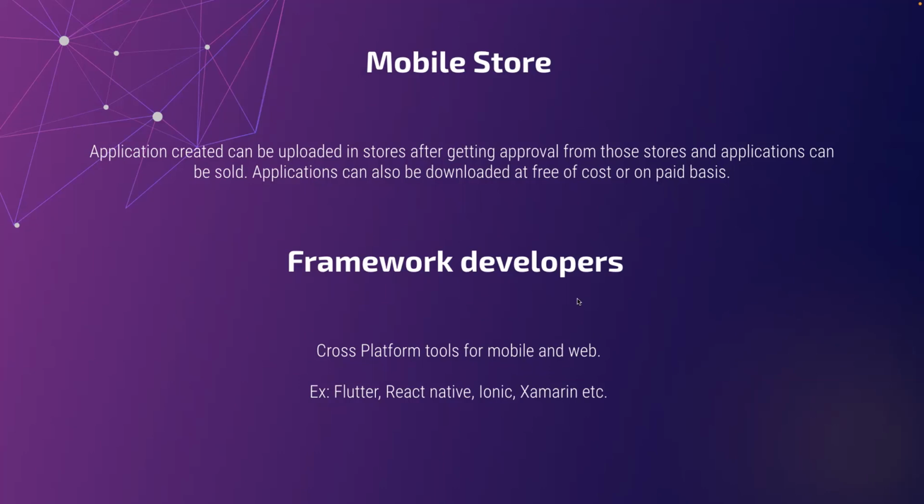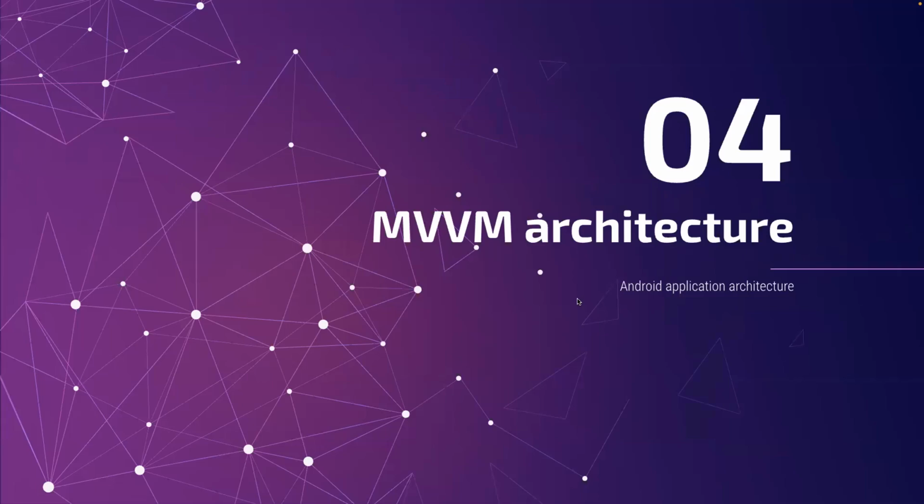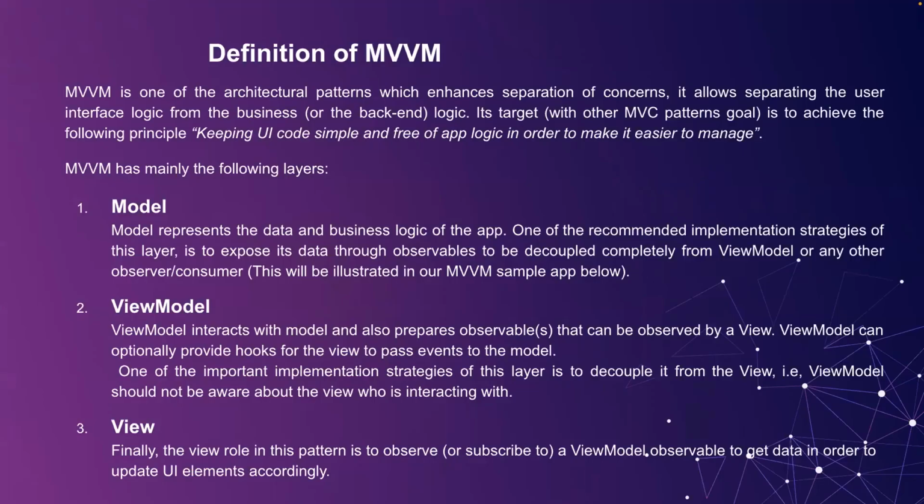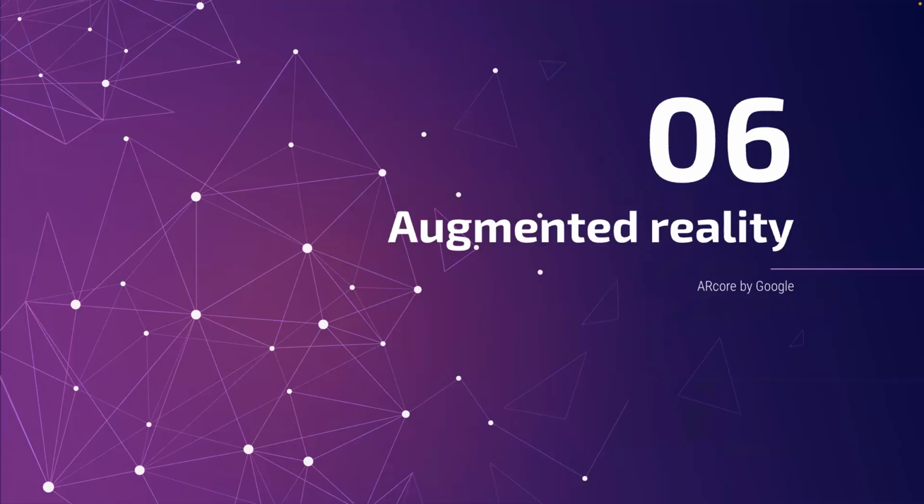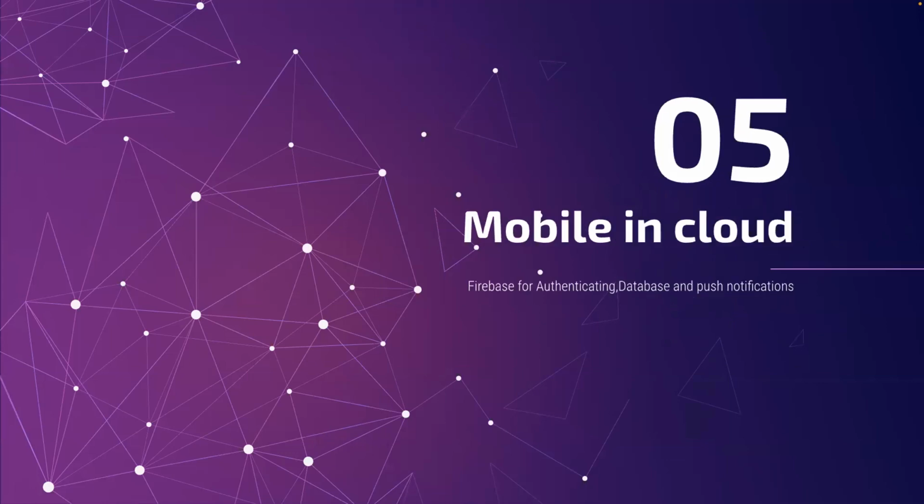Okay, let's talk about the other one. I think we talked about the MVVM architecture in detail, so we can skip that. And I think we need to talk about mobile in the cloud, Firebase and authentication.